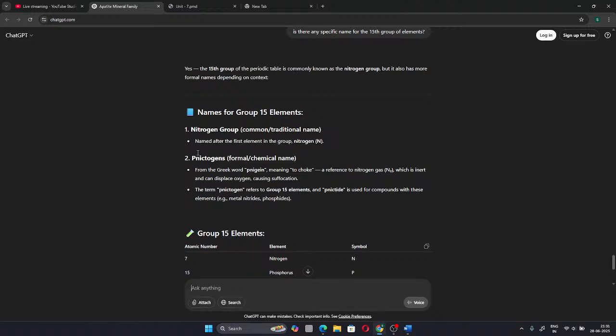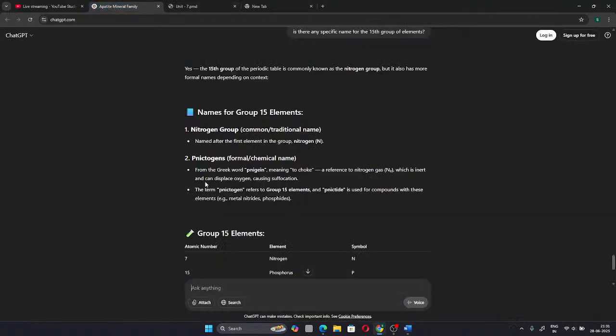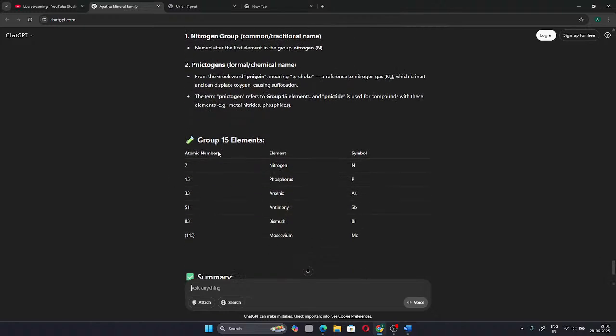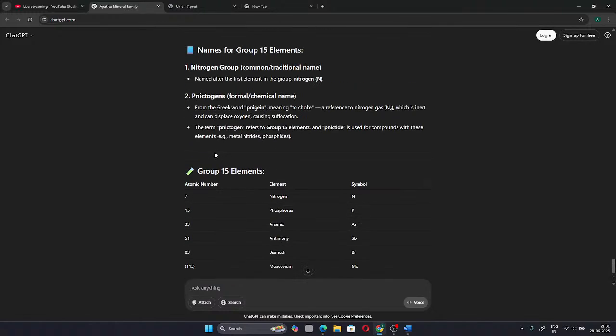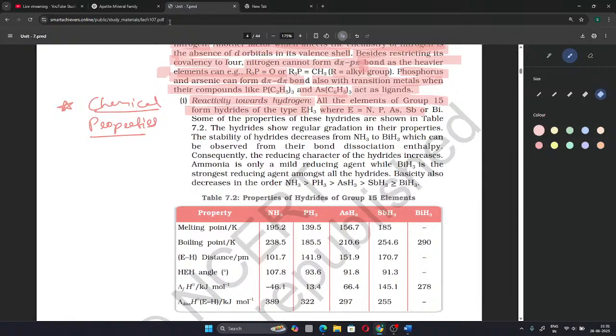Okay, let's call it the nitrogen group itself. And there are also pnictogens. We can call them pnictogens as well. It even gave a meaning of pnigein, meaning to choke. Okay. Let's call it pnictogens or nitrogen group, where E is a part of the pnictogens.